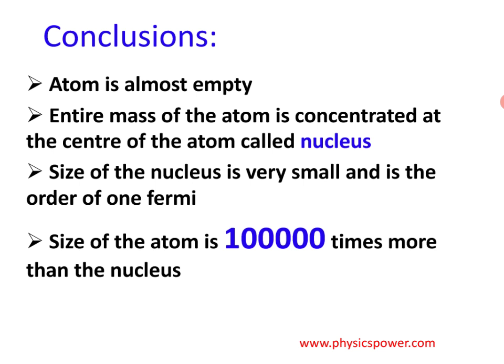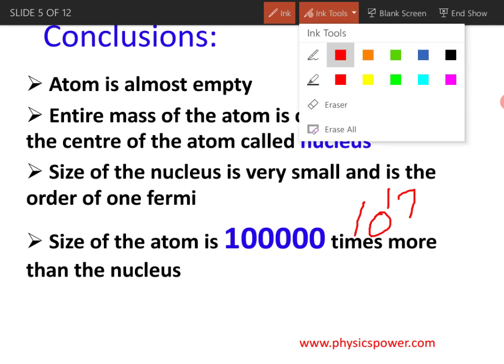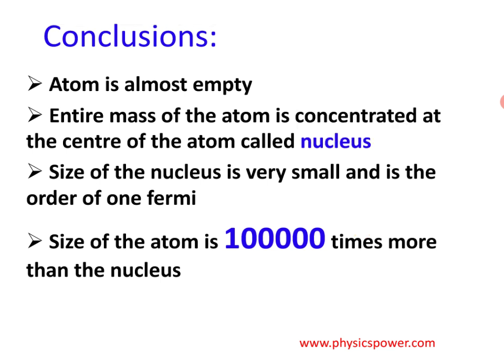So he concluded that the density of the nucleus is very high. How high? You can imagine, it is 10 to the power of 17 kg per meter cube. That much heavy, he analyzed with his experimental setup.